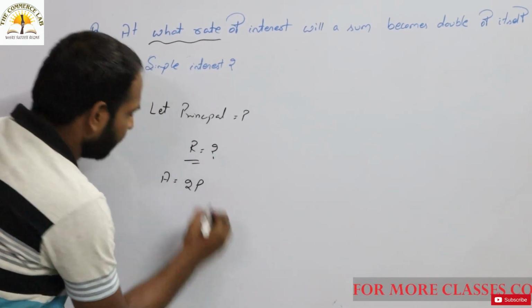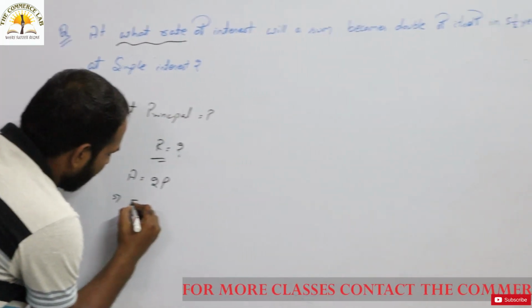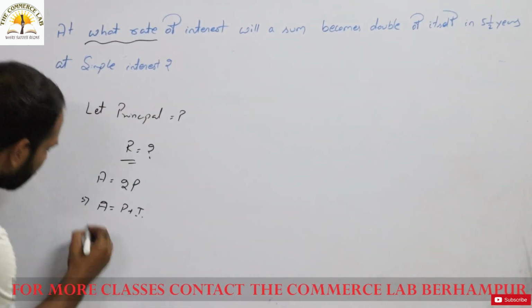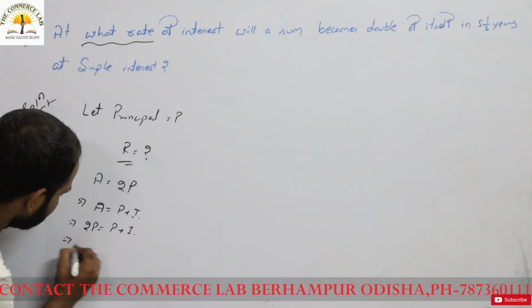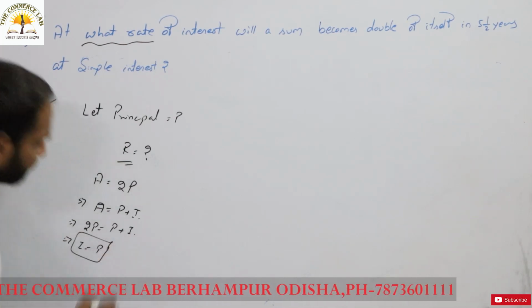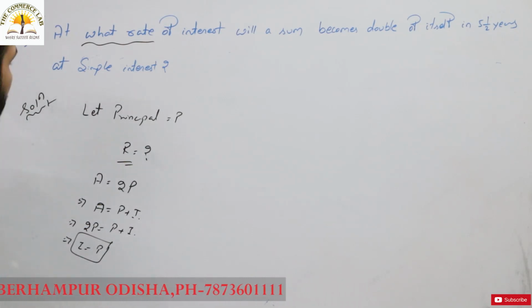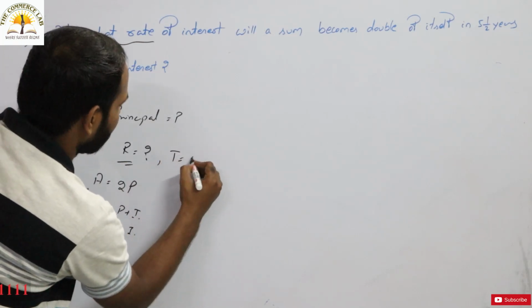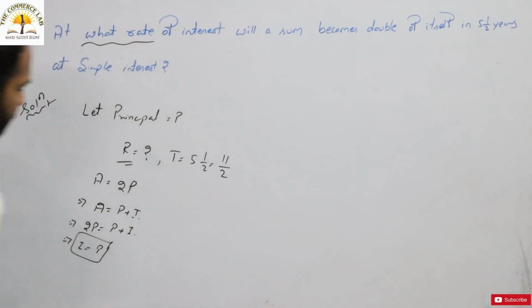Here 2P equal to A. This implies A equal to P plus I. A is given 2P, P is P, so I equal to P. T is given already, 5 half years, or 11 by 2 years.